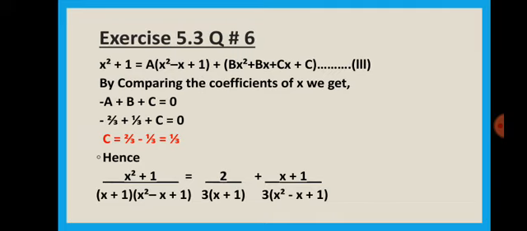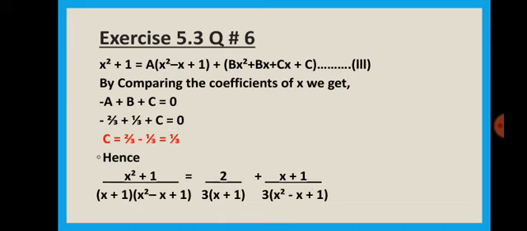In second term, students, we need to do some working of it because we have bx plus c. So the value of b is 1 over 3 and the value of c is also 1 over 3. So bx plus c will become x over 3 plus 1 over 3. If we take 1 over 3 common from both the terms, we will get 1 over 3 into x plus 1.